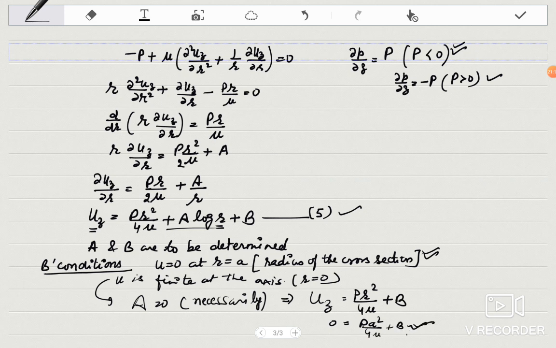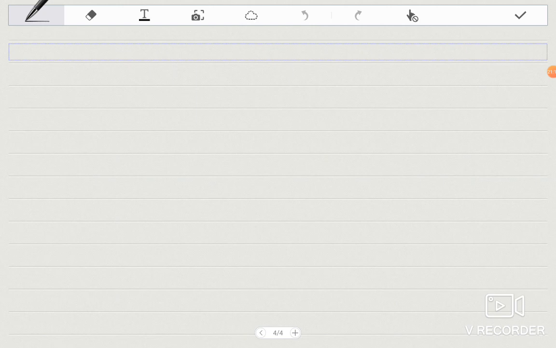Now you put your b and get final uz, that means velocity distribution. So this value you get u is equal to p r square upon 4 mu minus p a square upon 4 mu, or p upon 4 mu (r square minus a square).